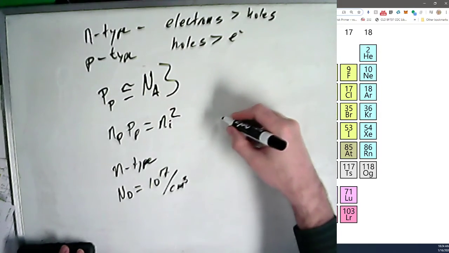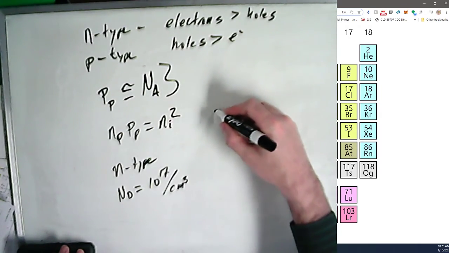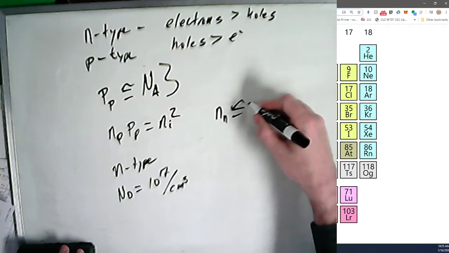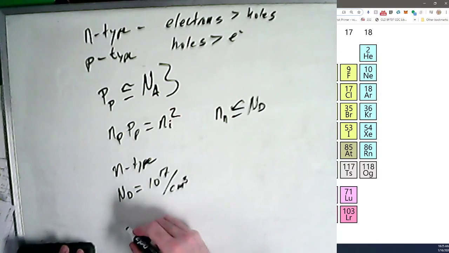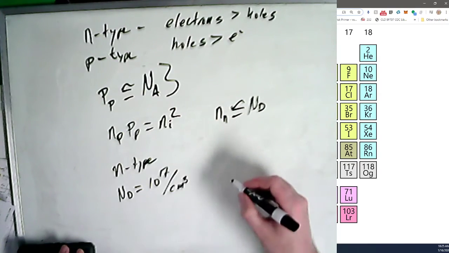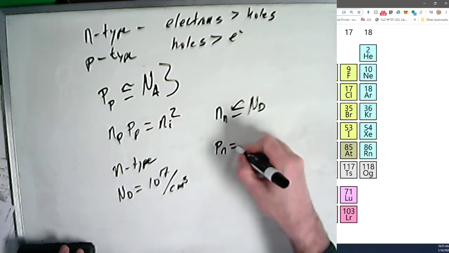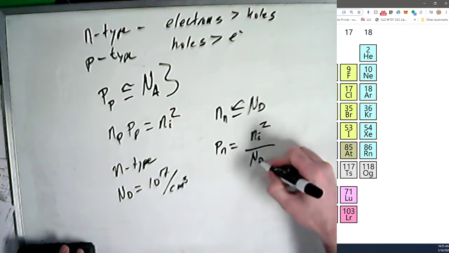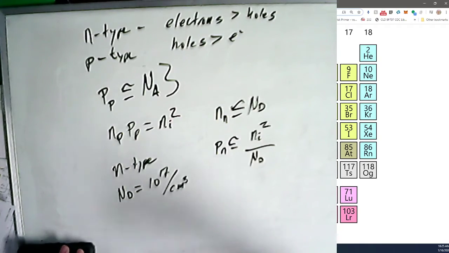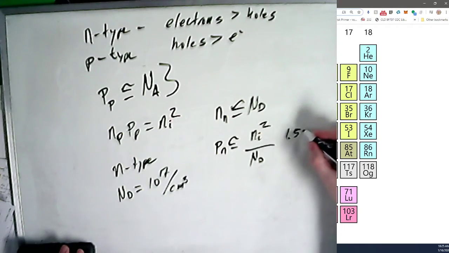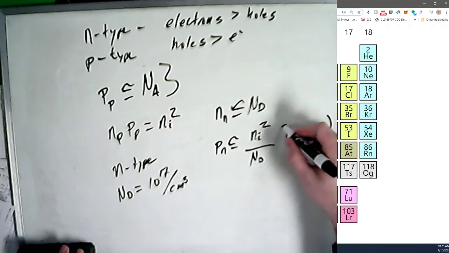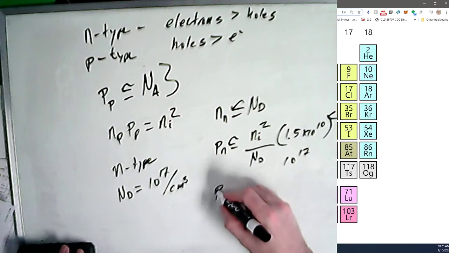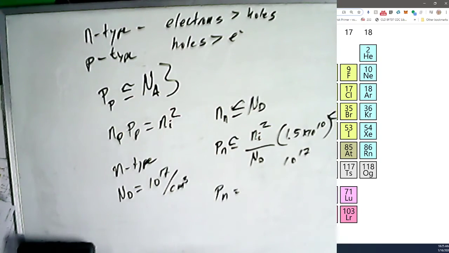Well, we're going to go back and look at this, and what they said is Nn is about equal to Nd, so that's easy. Okay, but I also want to know what P sub n is going to be. This is going to be Ni squared over Nd, or about. And this turns into 1.5 times 10 to the 10th squared over 10 to the 17th. Turns out that Pn is going to be rather small.